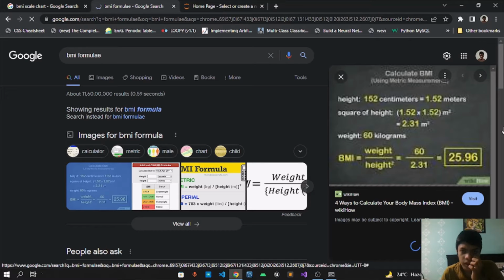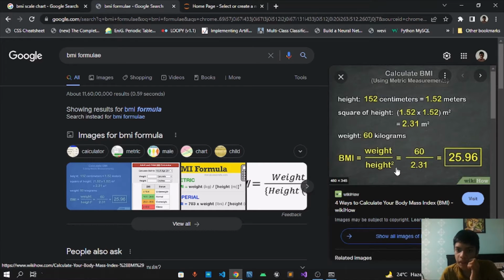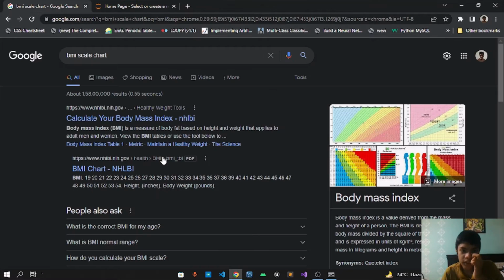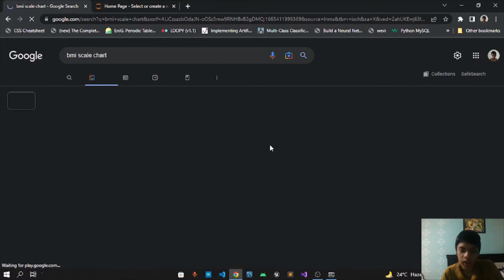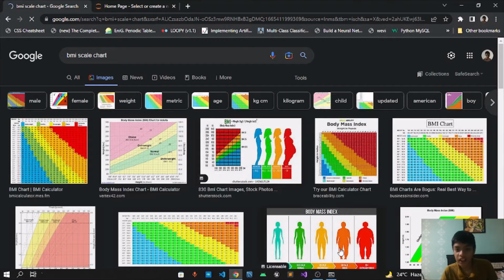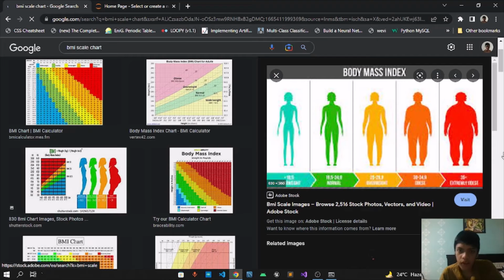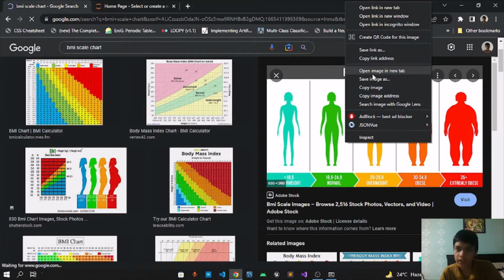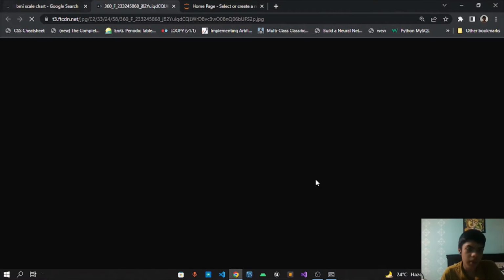You see the square of height, so it's weight by height square. BMI equals weight by height square, so we get a value. If we fit that value in a chart, then we can say whether we are healthy or not. All right, let's open this image and study the image.